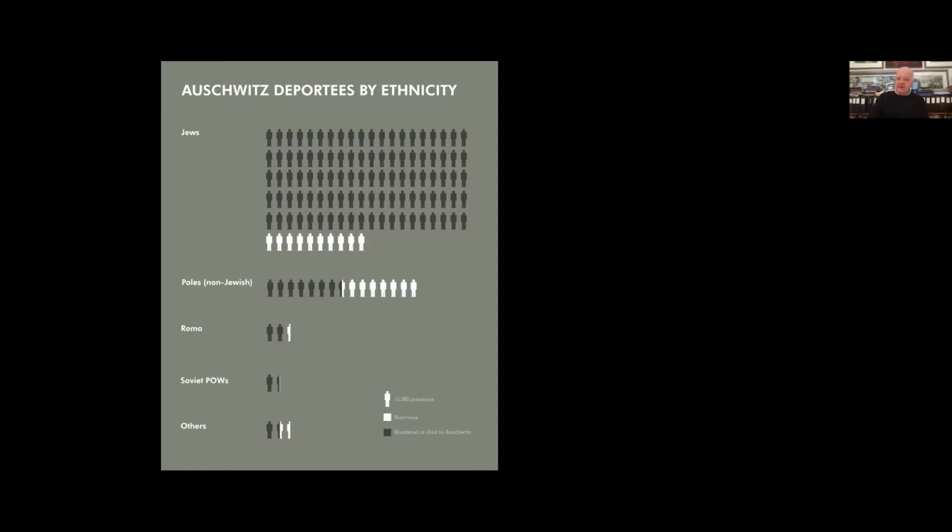Soviet POWs, 15,000, almost all are murdered, and then around 25,000 others. So you see in this graphic also very clearly that the highest survival rate was amongst non-Jewish Poles, and the lowest survival rates around Soviet POWs, and then Jews and the Roma.